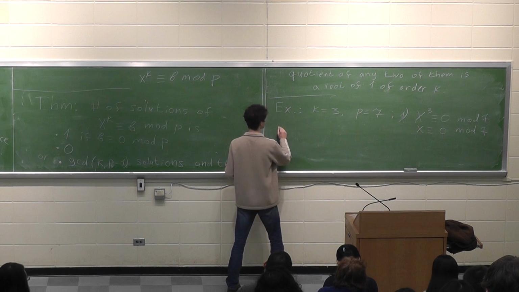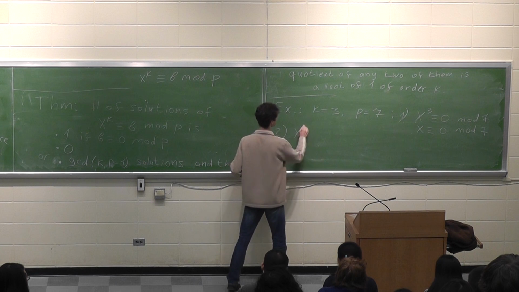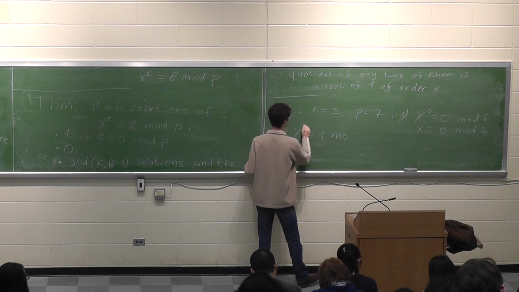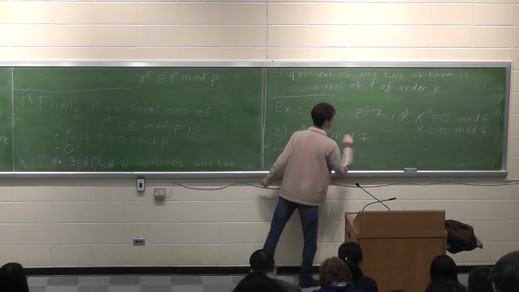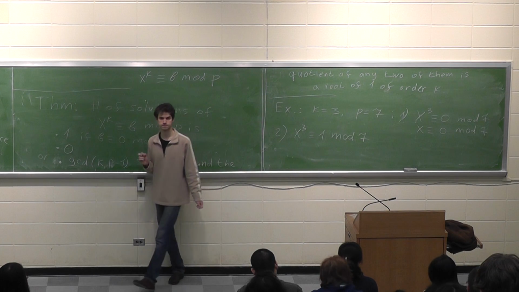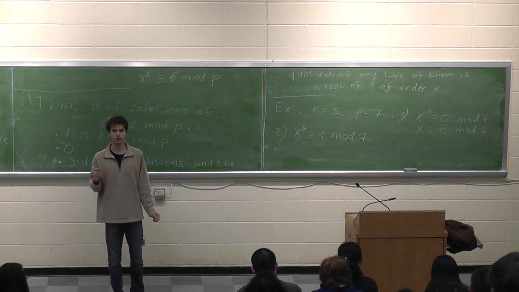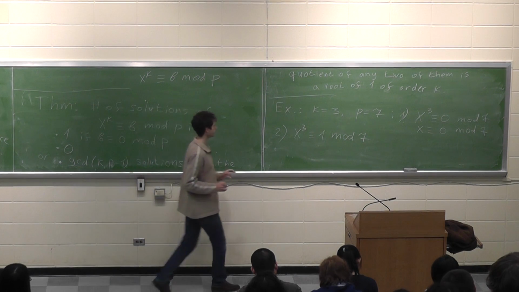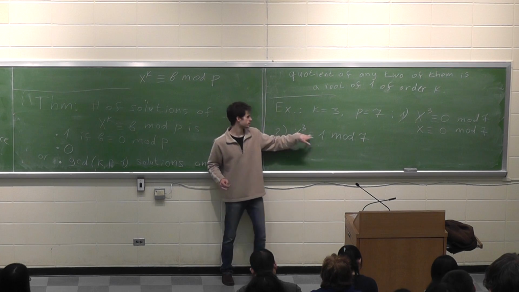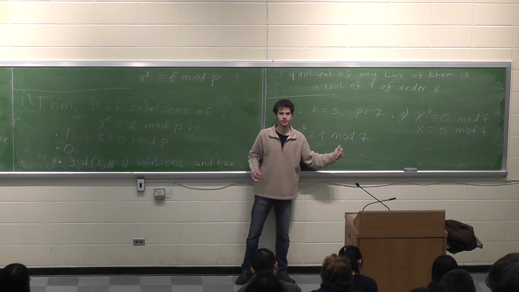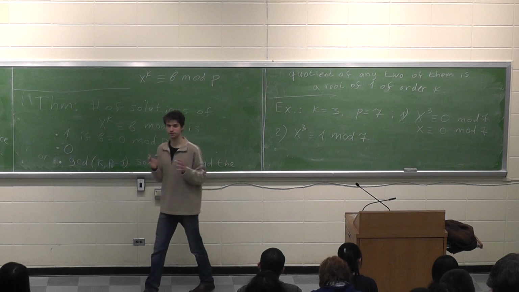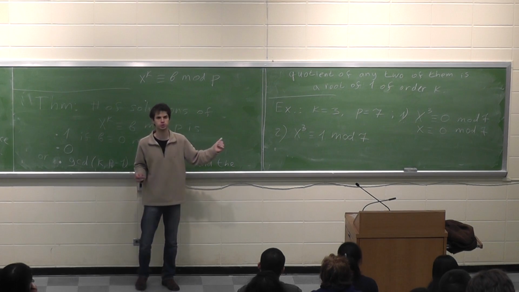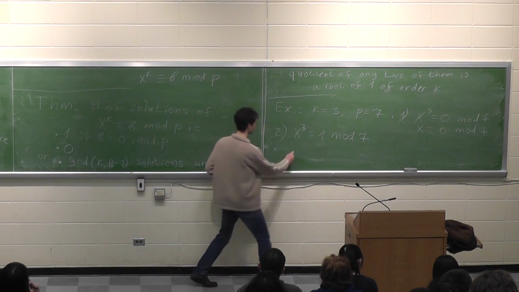Another thing, if you want to solve x cubed is congruent to 1, you know that it has 3 solutions. That's part of the general theory. This 3 is a divisor of 7 minus 1, so GCD of 7 minus 1 and 3 is exactly 3. This equation has 3 solutions. One of them is 1.